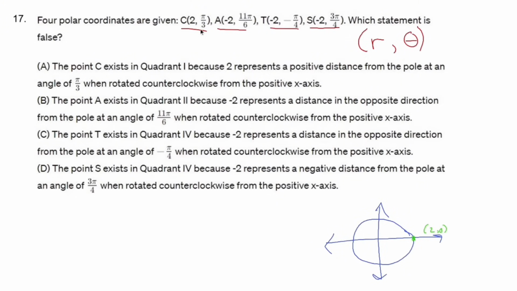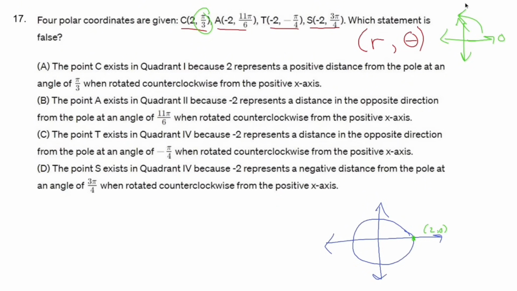Now, if I were to graph 2, I make sure that I know that the length of my line, or the point rather, is going to be 2 units away from the center, also called the pole. Now, this angle gives me a direction going counterclockwise from the positive x-axis. So you're basically going this way, starting here.